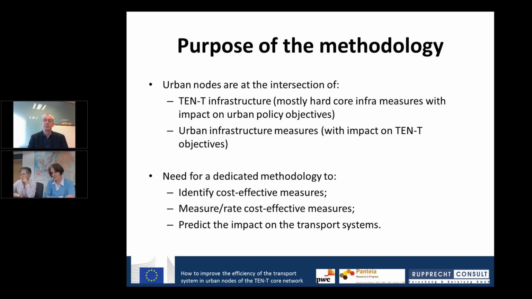So the purpose of the methodology, Suzanne already presented. The urban nodes are at the intersection of TEN-T infrastructure and urban infrastructure. The TEN-T infrastructure mostly concerns hardcore infrastructure measures which have an impact on urban policy objectives.